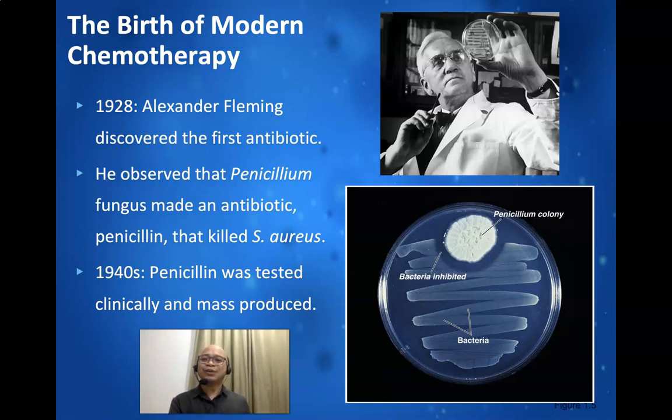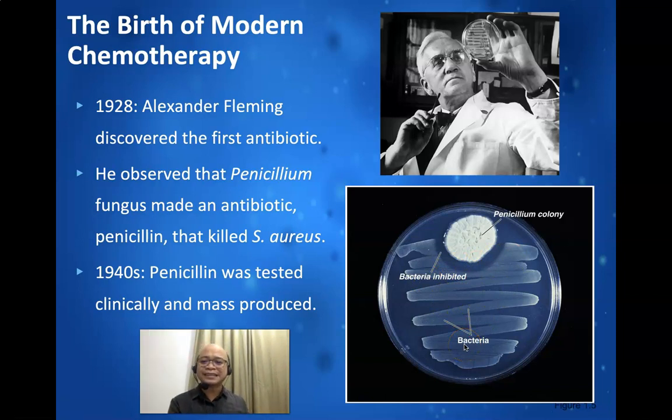Fleming. Sir Alexander Fleming, because he was knighted after this discovery, was actually accumulating petri dishes in the lab. Then his culture, which is Staphylococcus aureus, got contaminated with Penicillium notatum. He found out that the colony of Penicillium notatum inhibited the growth of Staphylococcus aureus.